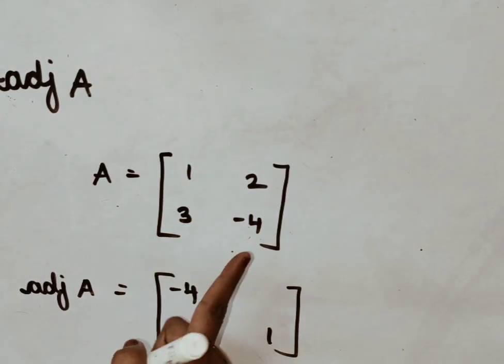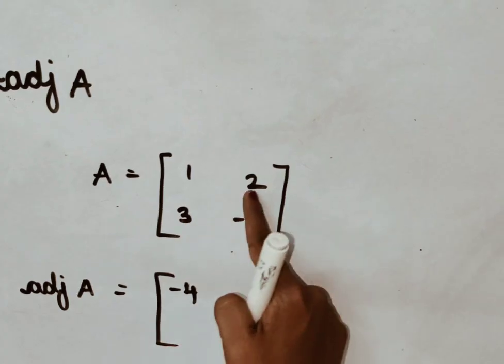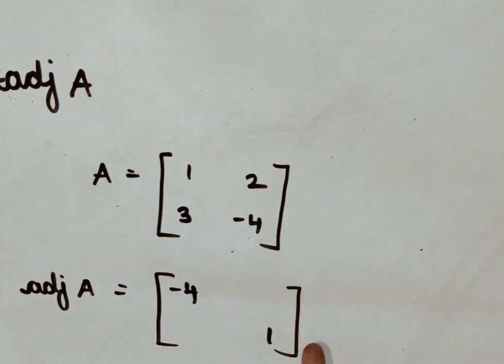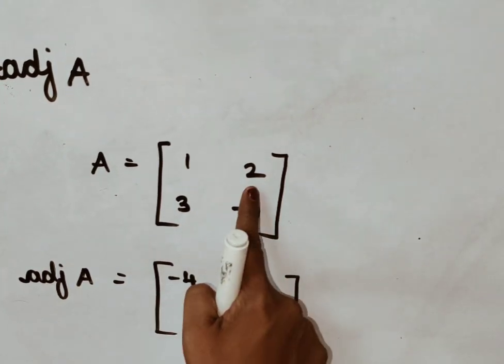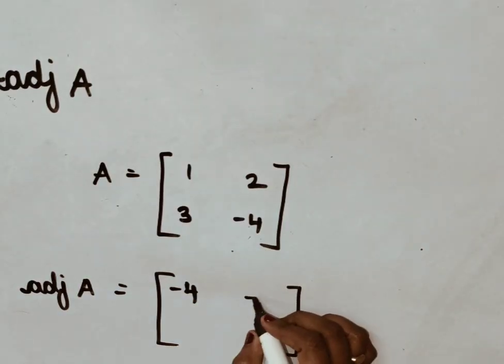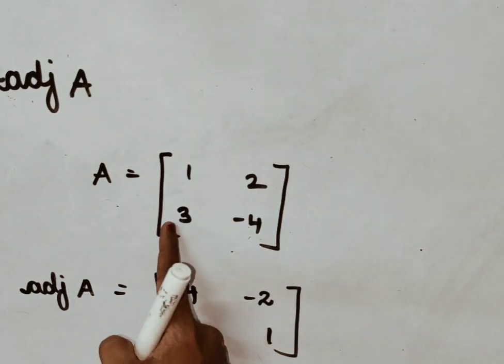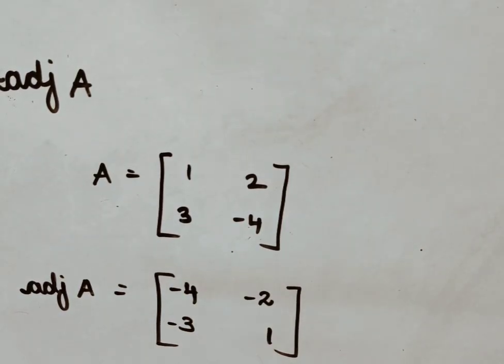Along this diagonal we have to swap the elements, whereas along the other diagonal we have to change the sign of the elements. This has plus, so we have to change it to minus 2. This also has a plus sign, we have to change it to minus 3. This is how we have to find the adjoint for a 2 cross 2 matrix.